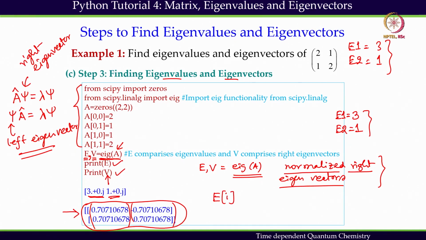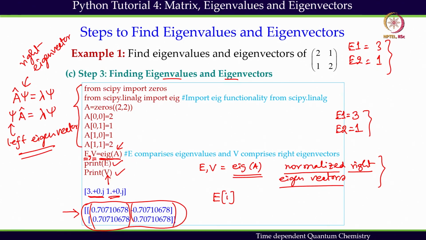One can also access the normalized right eigenvectors in the matrix form in which the jth column corresponds to the normalized right eigenvector associated with the jth eigenvalue.